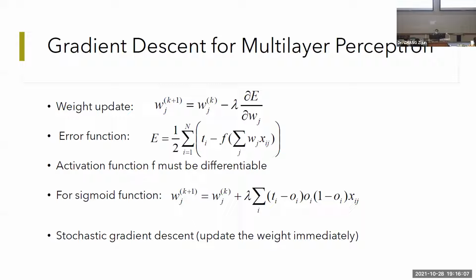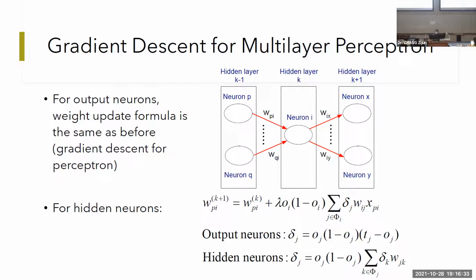But stochastic gradient descent is every time we feed a data point into the network, then we update the weights. There's also another strategy called stochastic gradient descent with mini batch, where we feed each small batch of data points into the network and do a one-time update of the weights.